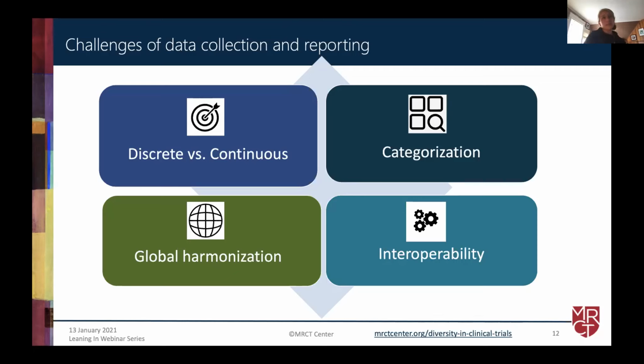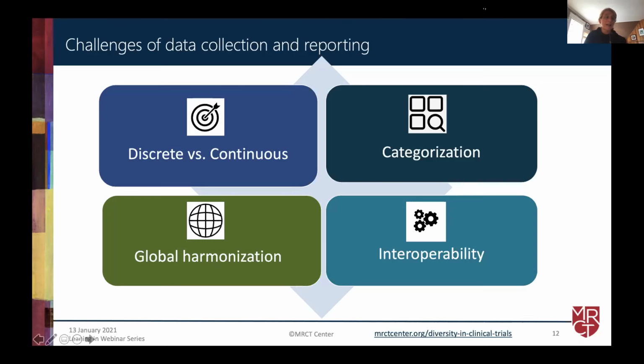And so let's just walk around these boxes to identify what those challenges are. Very few variables are discrete or non-overlapping. Being pregnant or not pregnant is a good example, but most exist on a continuum. Gender, weight, or age are good examples.